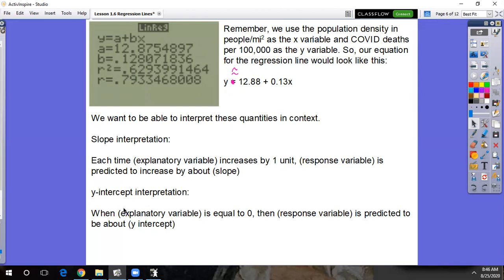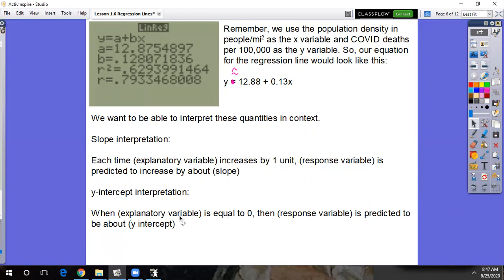For the y-intercept interpretation, what this means is when the explanatory variable is equal to 0, the response variable is predicted to be about whatever the y-intercept is. The y-intercept sometimes does not make sense in the context of the problem, which is the case here. It would say that when the population density is 0 people per square mile, so there's no people in this area, then COVID deaths per 100,000 is predicted to be about 12.88.